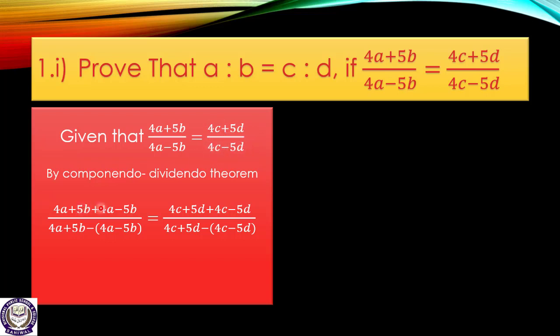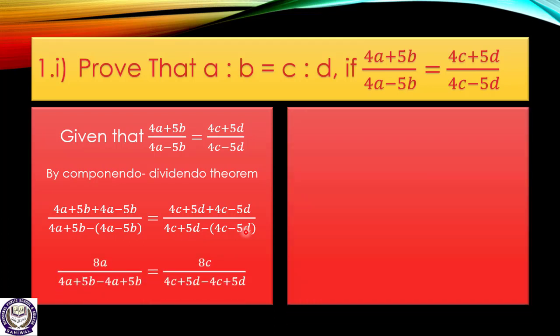So first term plus second term divided by first term minus second term is equal to third term plus fourth term divided by third term minus fourth term.